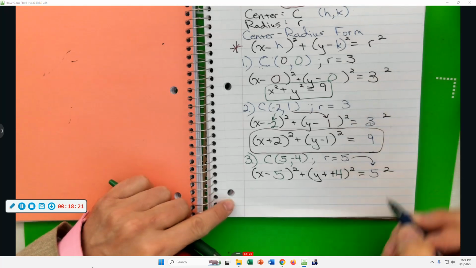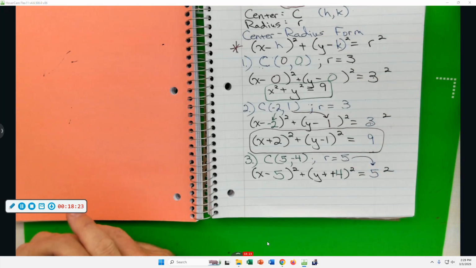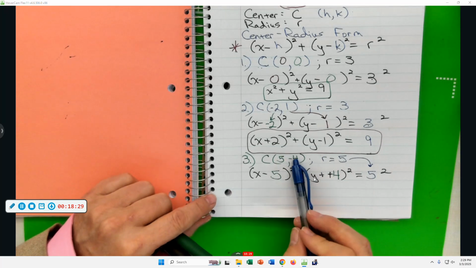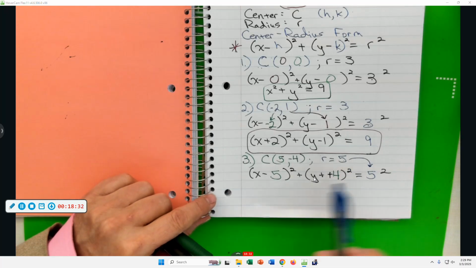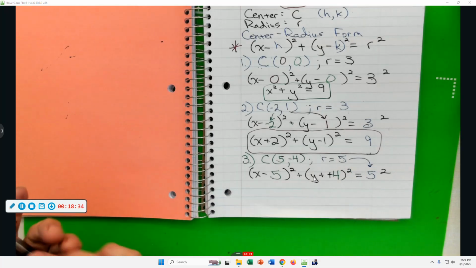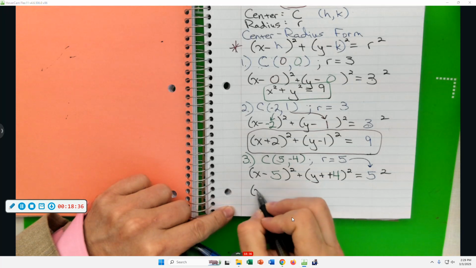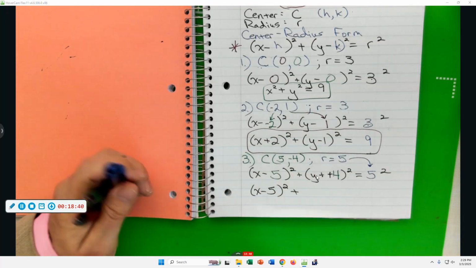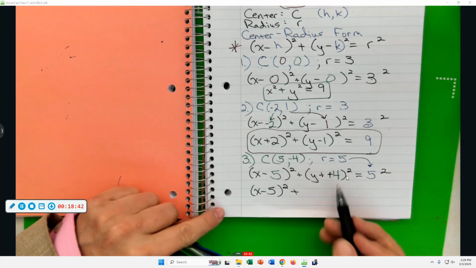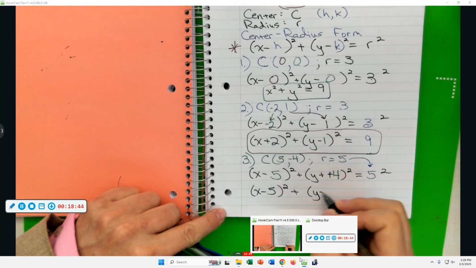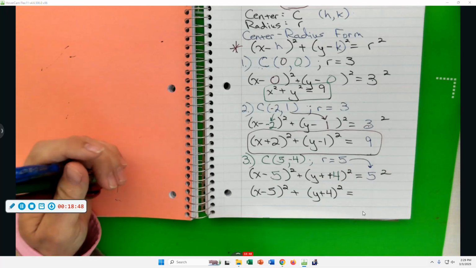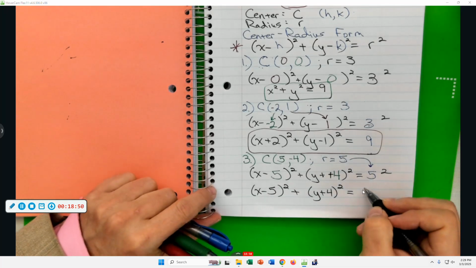That's why I'm trying to use a different color for that. This is the x coordinate of the center, y coordinate of the center, radius. Now x minus 5, we can't simplify that. We'll just leave it as x minus 5 squared plus that y minus a -4, that became a y plus 4. What have we got on the right hand side? 25.